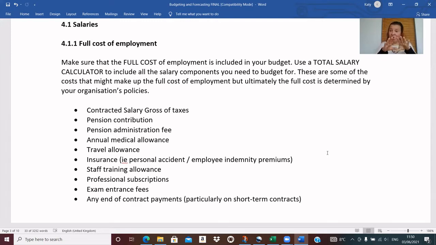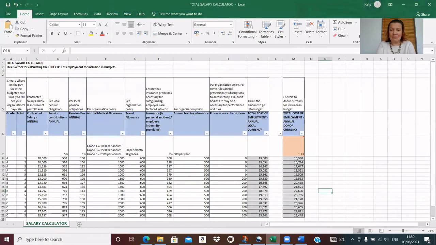So it is the full package that it costs to employ an individual that needs to be included in our budget templates. Let's have a look at a very simple total salary calculator.